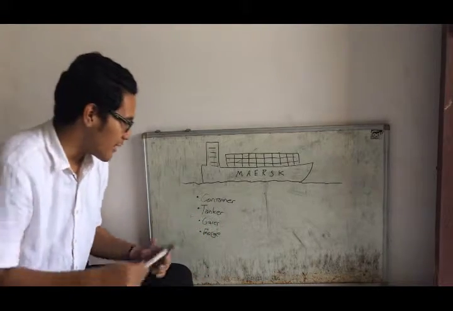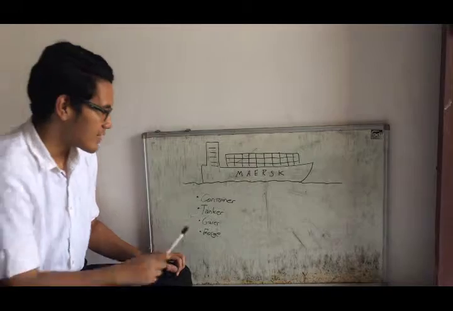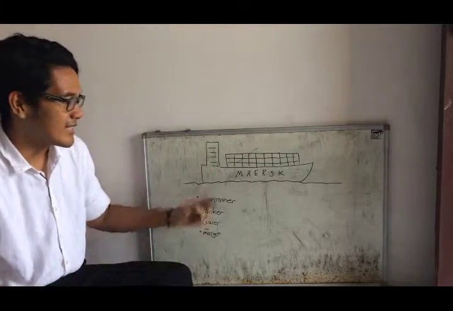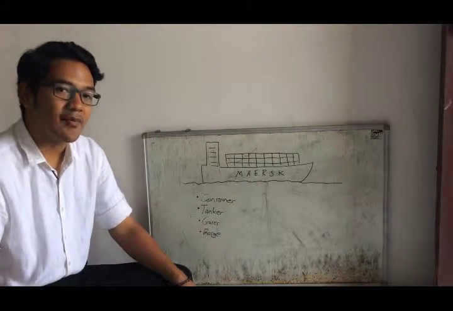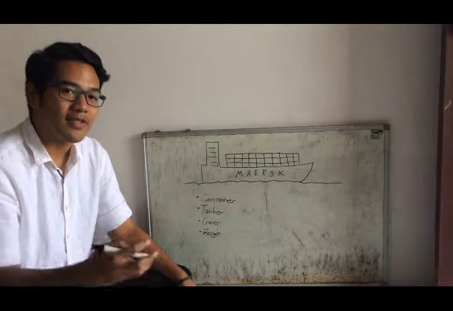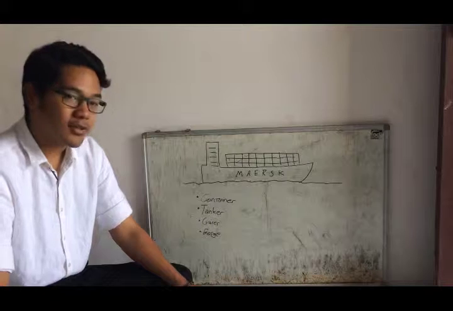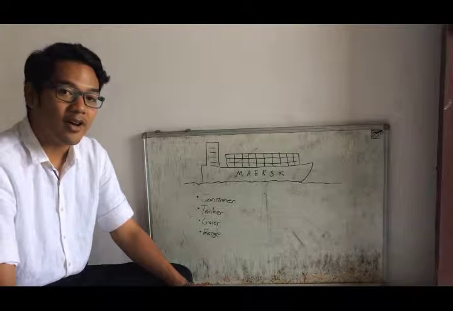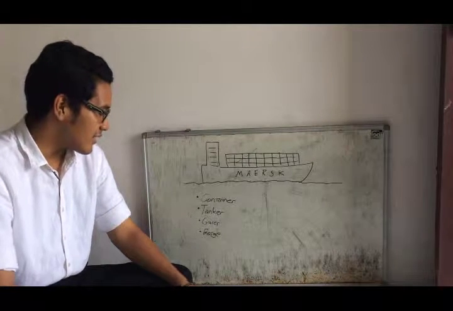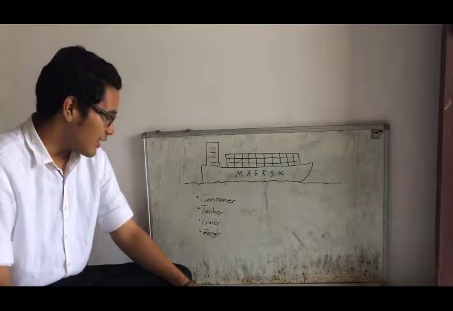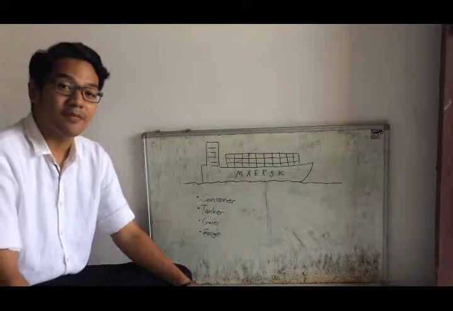And there are many types of ships too. First, container ships, like this. They carry many containers to deliver to many countries. And then tanker. This is used to export oil. And then gas carrier ship. And the last is bird ship.